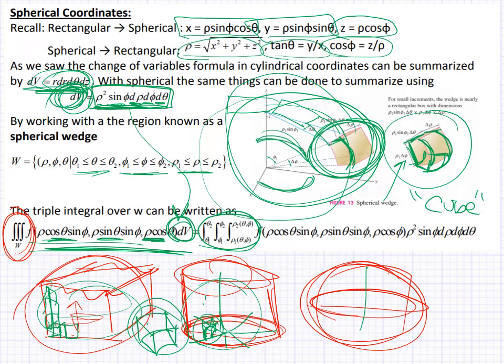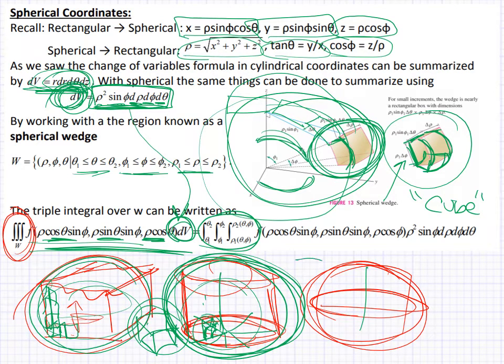I mean, you can make a couple of different looking boxes kind of fit into cylindrical or rectangular, but not a whole lot fits into spherical unless it's a sphere or some part of a sphere, a quarter of a sphere, half of a sphere, whatever. So you're not really going to see a ton of different examples that work well with spherical coordinates. You could force things to work, but that's not the whole point here. The point is to pick the easiest way to do a triple integral.